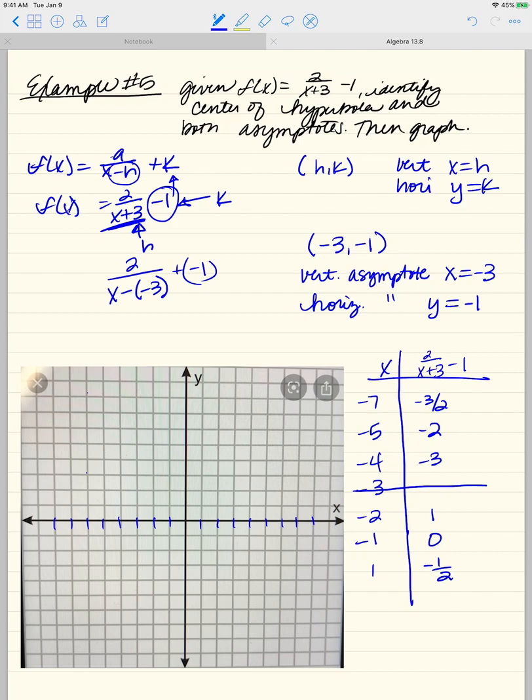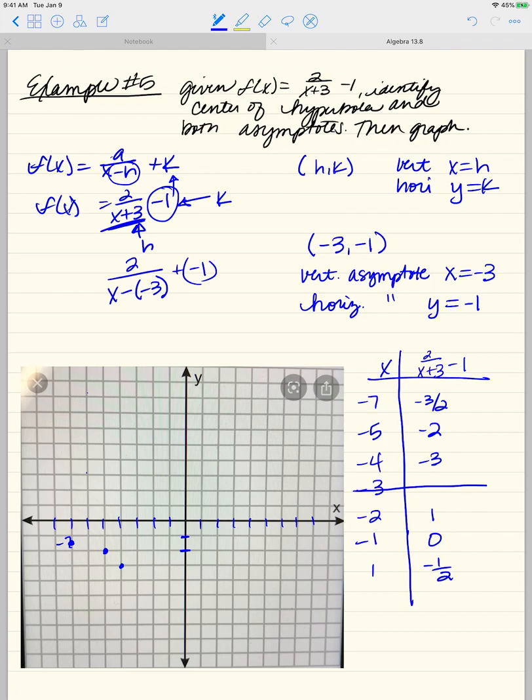So 1, 2, 3, 4, 5, 6. Here's negative 7. So negative 7 and negative 3/2. So we're going to say this is negative 1 and this is negative 2. So negative 7, negative 3/2 is going to be right here. Negative 5, negative 2. Negative 4, negative 3. Remember, negative 3 is undefined.